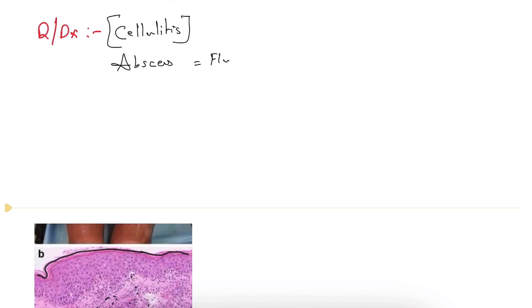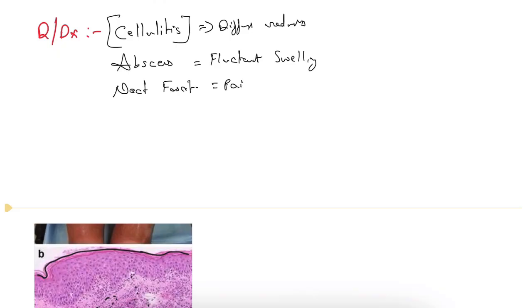In abscess we can see fluctuant swelling. Cellulitis means diffuse redness. If the doctor asks why you are telling abscess, we have to explain properly that it is because of the fluctuant swelling we can see. Next one, necrotizing fasciitis. In necrotizing fasciitis, the pain we can see is out of proportion.